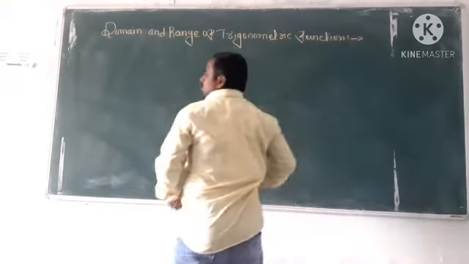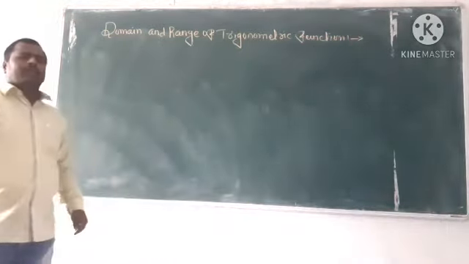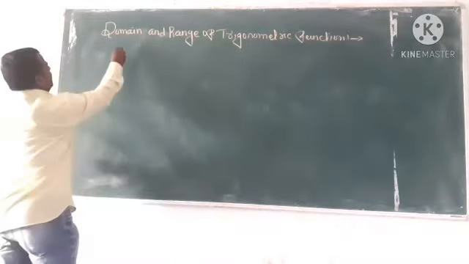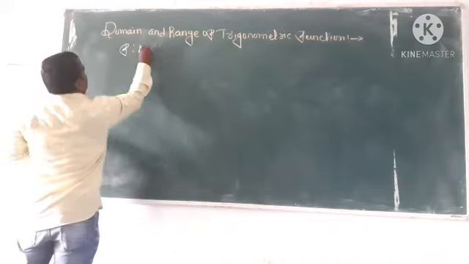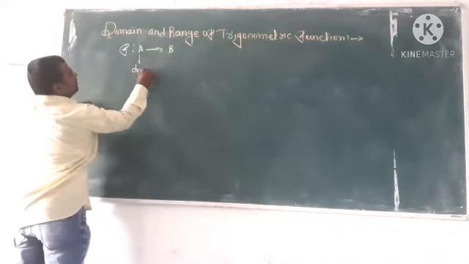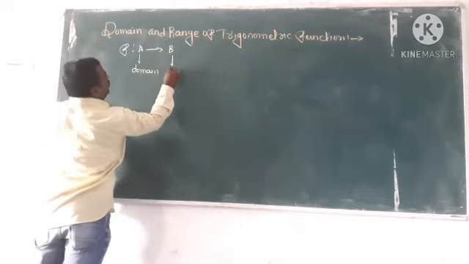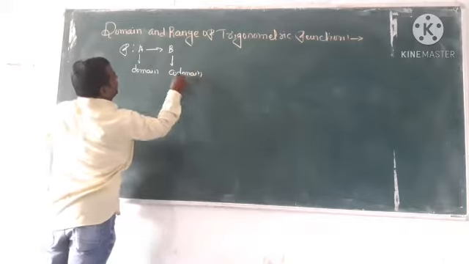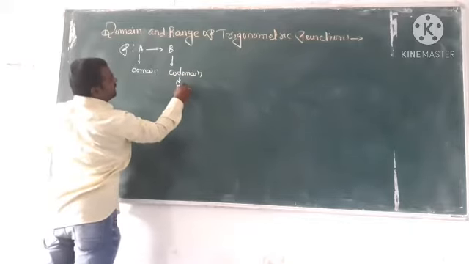Now you are going to find the values. Most important: when you see that a function f is from A to B, this is the domain, and this is the codomain. And the mapping is called the range. Clear?